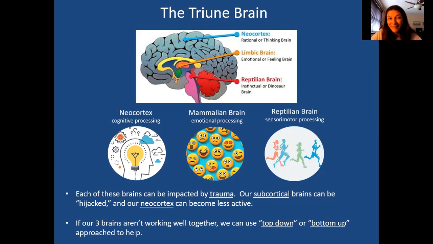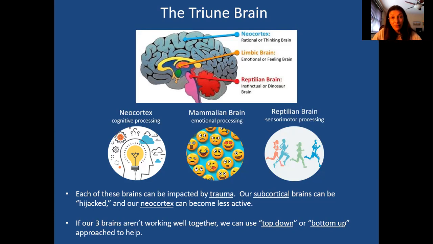Or my neocortex goes offline. So it's hard to think because I'm so revved up and prepared for survival. Other times, as a defense, I might just stay up in my head a while, just to cut off my experience of my feelings, because the feelings and body sensations are associated with painful things. So I might just be a very intellectualized person. So I had that kind of imbalance.